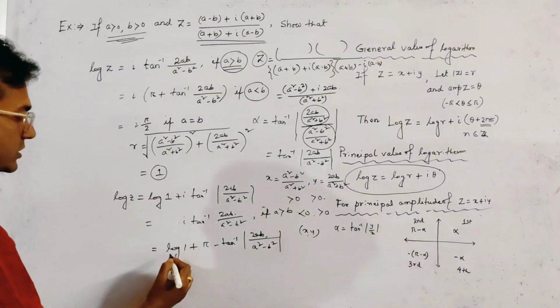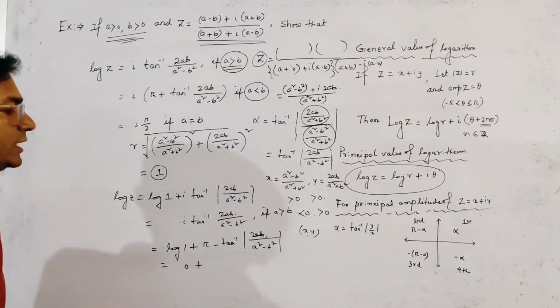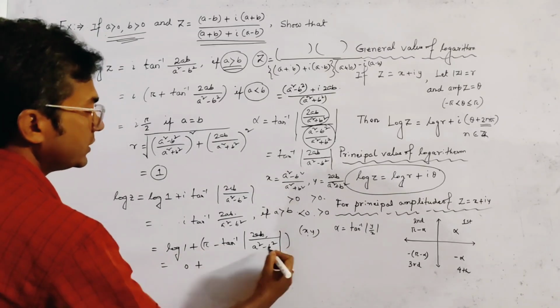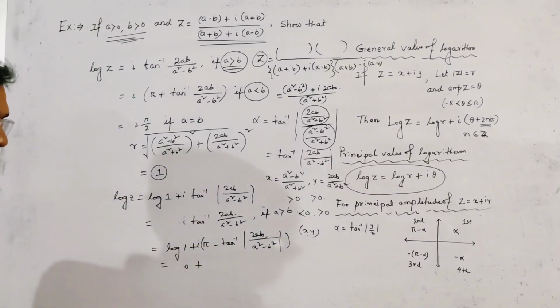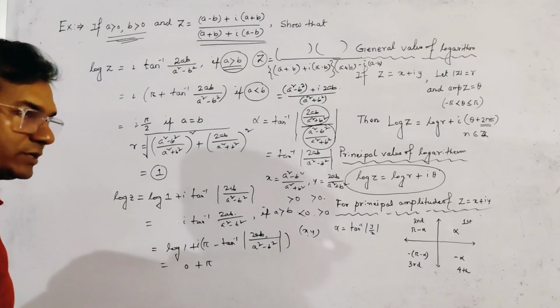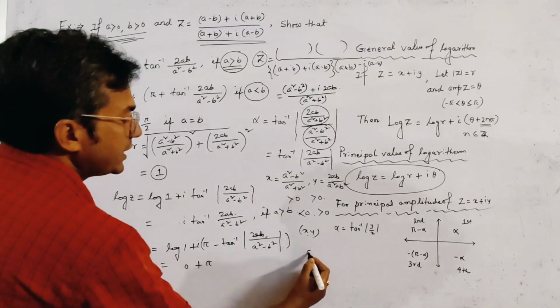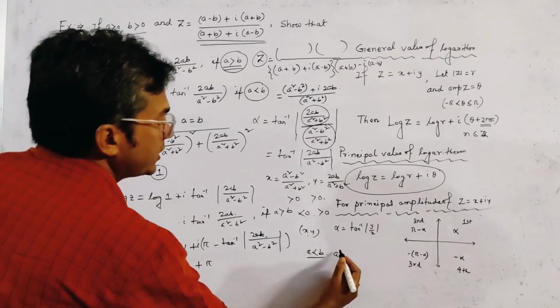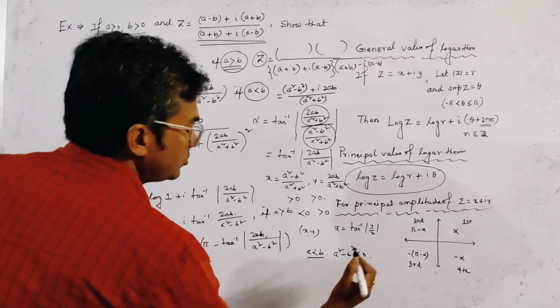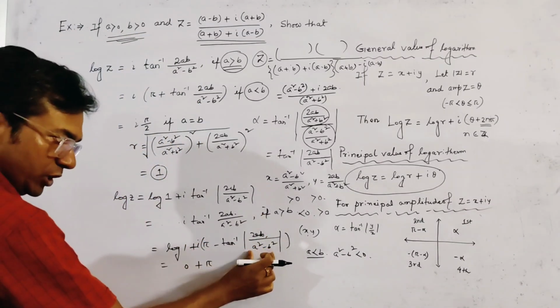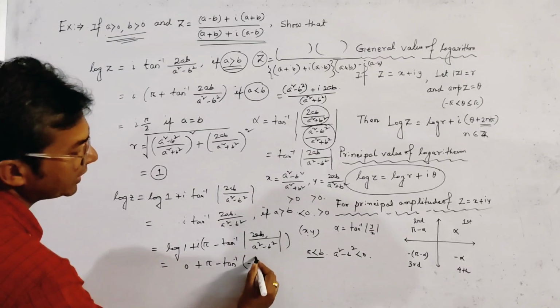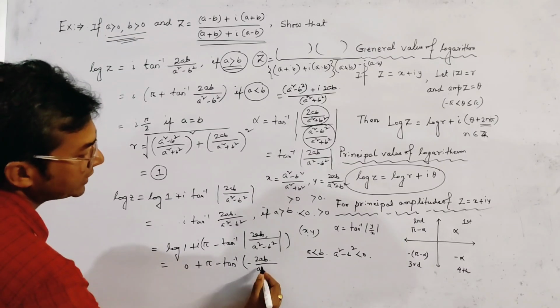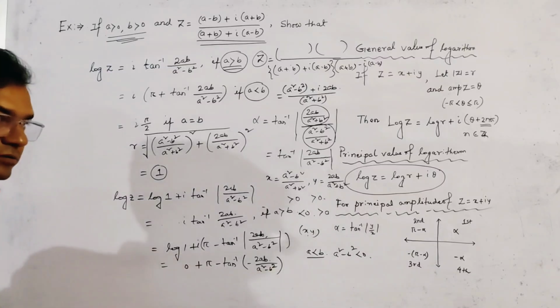Now this is 0 plus, sorry, here i times theta, this is the principal amplitude, and this is pi. If we open the modulus, then since a is less than b, a² − b² is less than 0, so by opening the modulus, we get pi minus tan inverse of minus 2ab/(a² − b²).